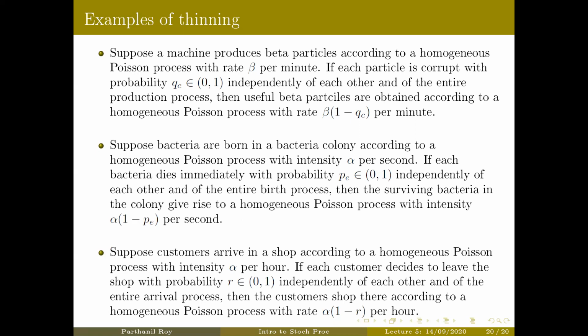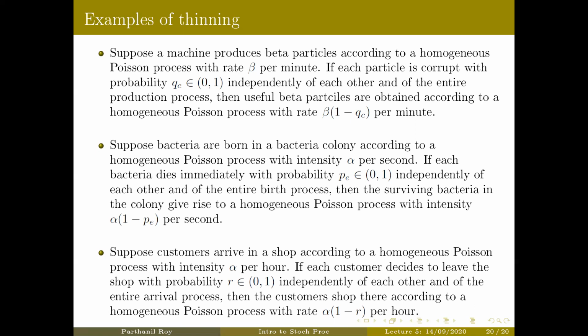Here is another example from an arrival process situation. Suppose customers arrive in a shop according to a homogeneous Poisson process with intensity alpha per hour. If each customer decides to leave the shop with probability R, independently of each other and of the entire arrival process, then the customers shopping in that shop form a homogeneous Poisson process with rate alpha times 1 minus R per hour.